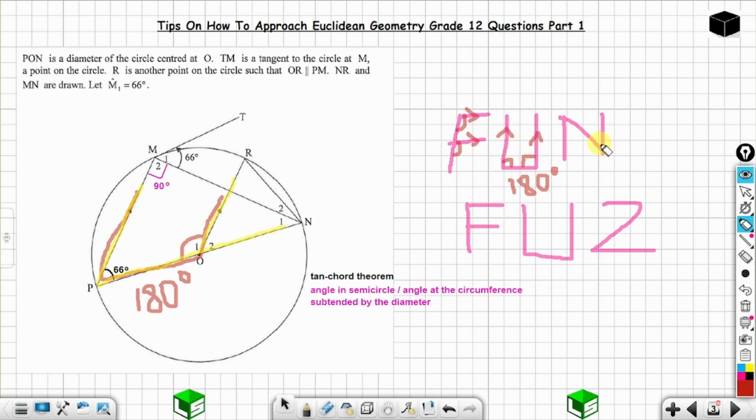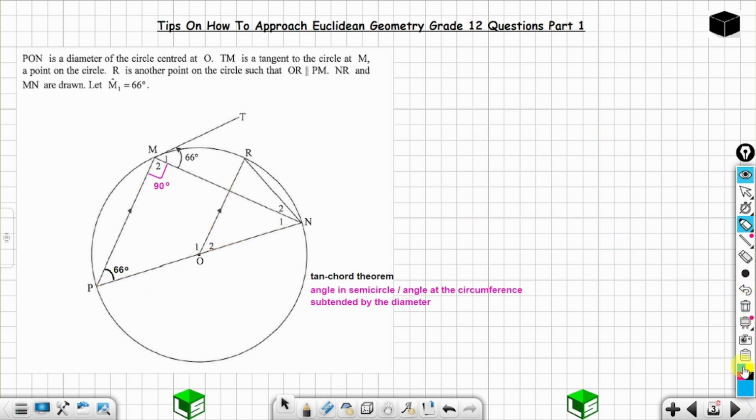You can also have N or Z. Can you see that on this diagram? So N like this. This is N, or Z. So this line, let me use another color, is parallel to this line.